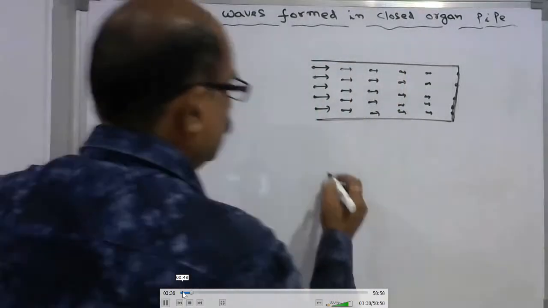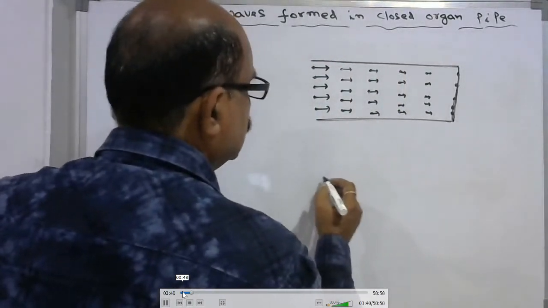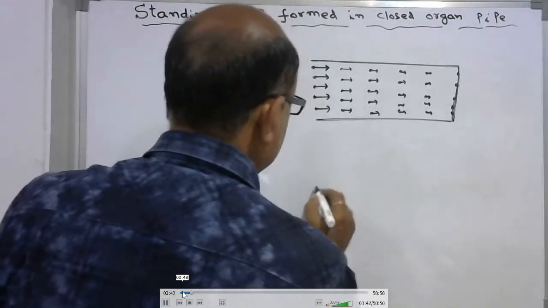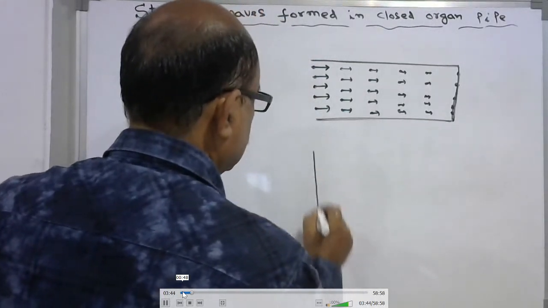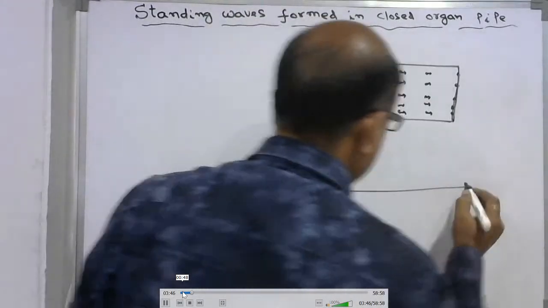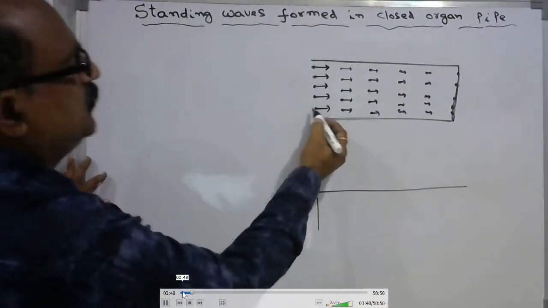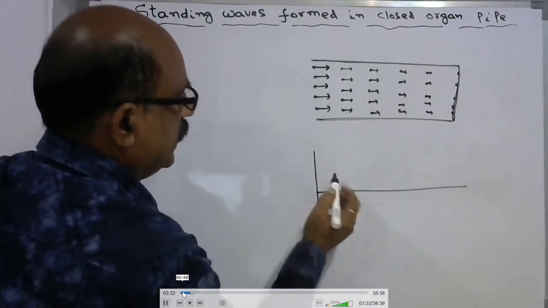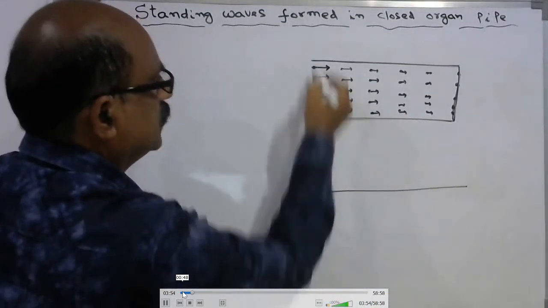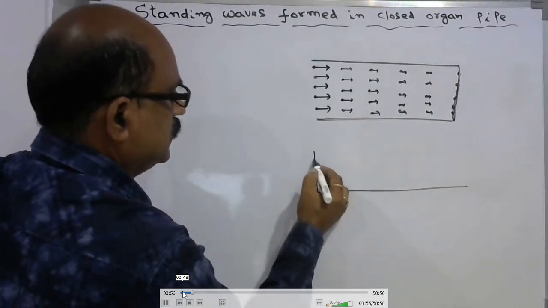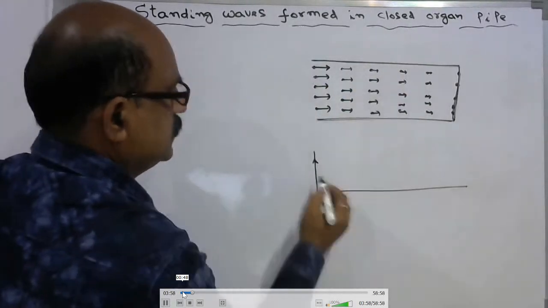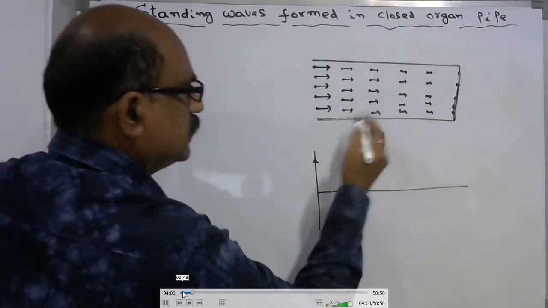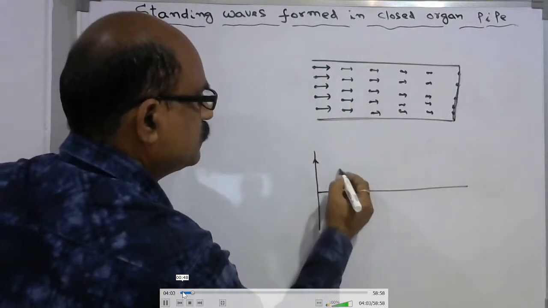So if you observe the displacement versus the position of the particles, I just write down here: if this particle is moving in the x forward direction, for this particular particle the displacement in this direction is this one, and for this one it will be somewhere here.